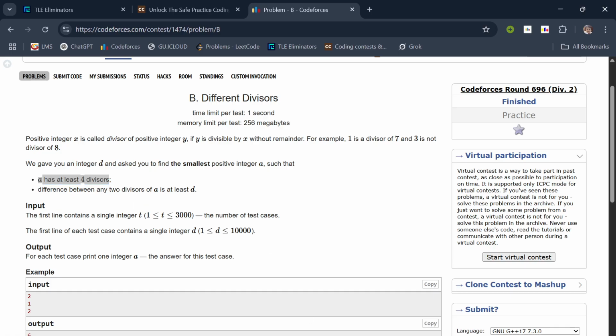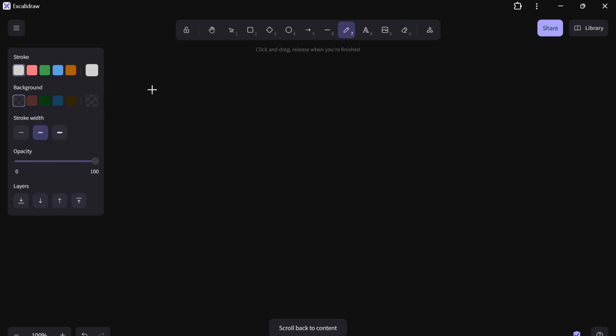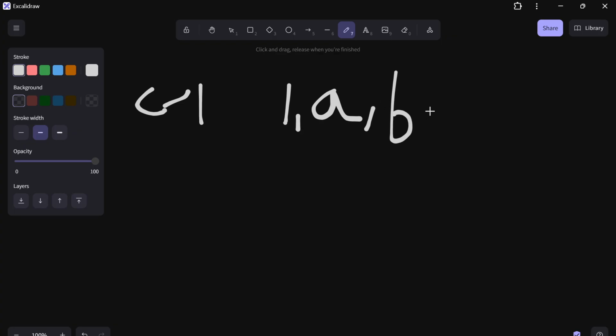Okay, if we need exactly 4 divisors, so if we assume case 1, can we think that 1 and A and B and A multiplied by B, where both A and B should be prime numbers.